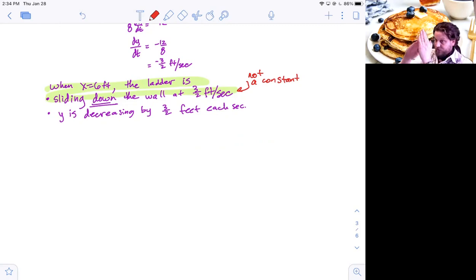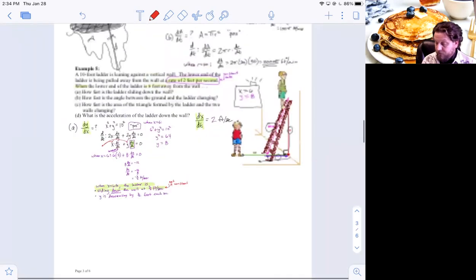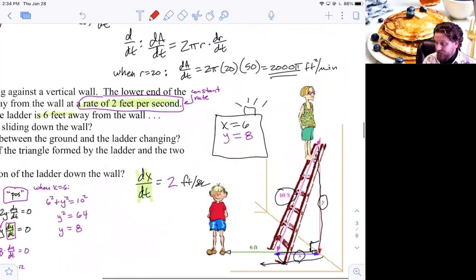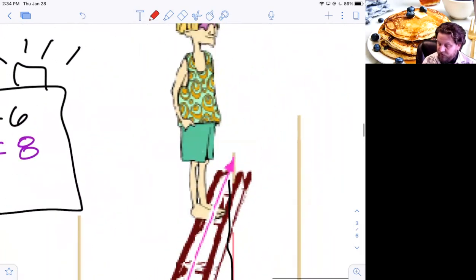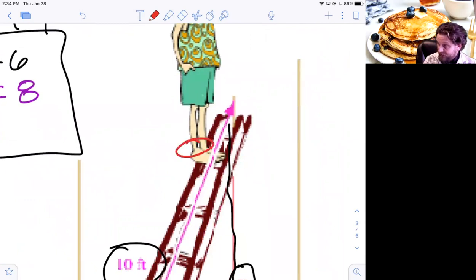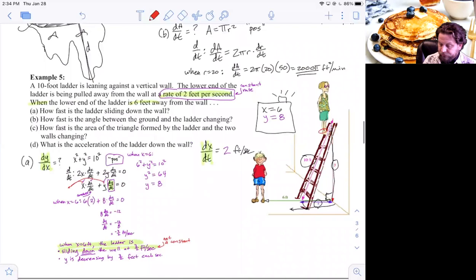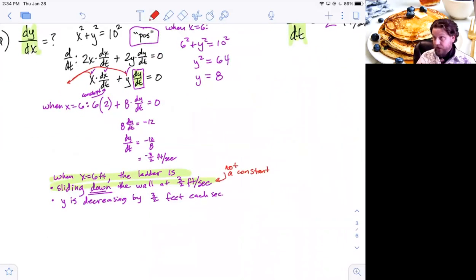Pull it back at a constant rate, and now because the hypotenuse is essentially longer, it's got more distance to cover in the same amount of time. So the bottom line is this guy with these puny ankles, when that thing does hit the floor, they're going to snap, right? But he shouldn't be up there to begin with. Okay, so it's not sliding down at a constant rate, even though it's being pulled away at a constant rate.